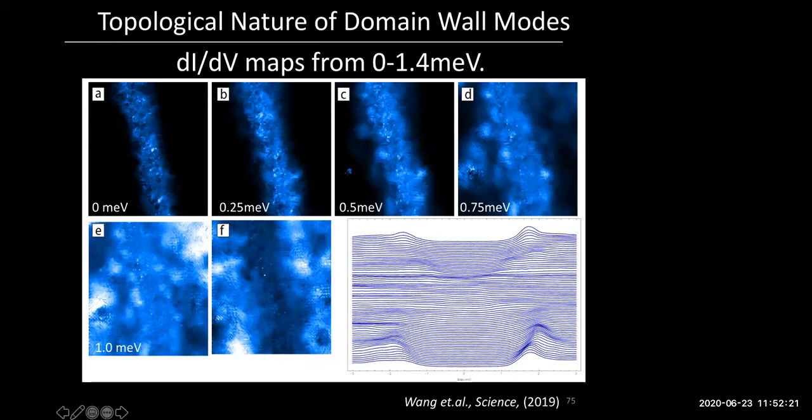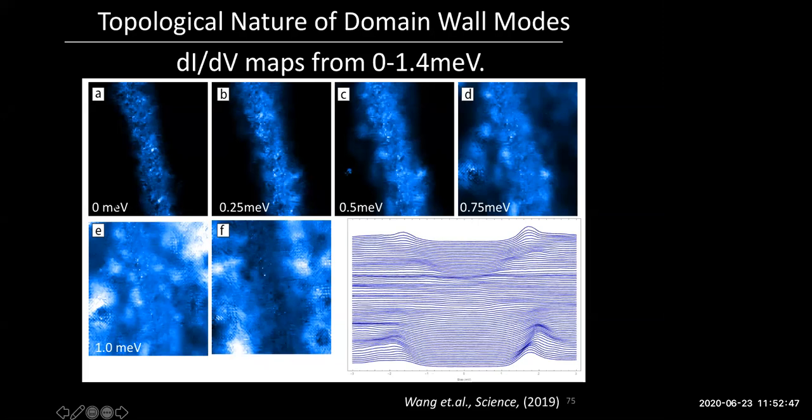We can do more characterization. We can actually look at how these states change as a function of energy. If you have a topological state, what it's expected to do is, as you go from the middle of the superconducting gap towards the edges, the spatial extent of the state should increase until it fills up the whole space.